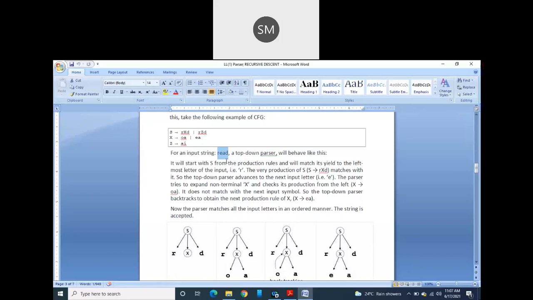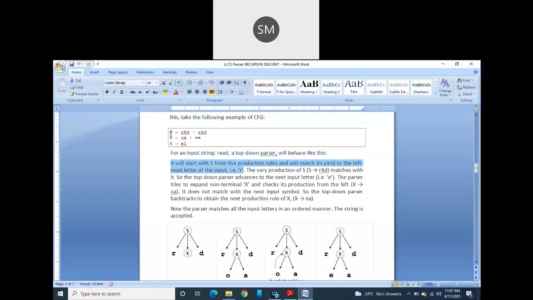Once you are scanning this input, our top-down parser will do all these tasks. First it will start from the production rules, and it will match its yield to the leftmost letter of the input, that is small letter r.